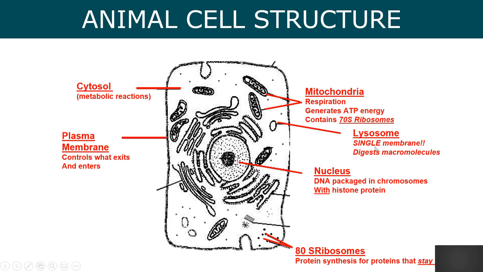So the lysosome is only a single membrane. Your plasma membrane around your cell is a double membrane. The mitochondria also has a double membrane, and your nucleus and everything else in here is going to have a double membrane. Only the lysosome has a single membrane, so it's special that way.